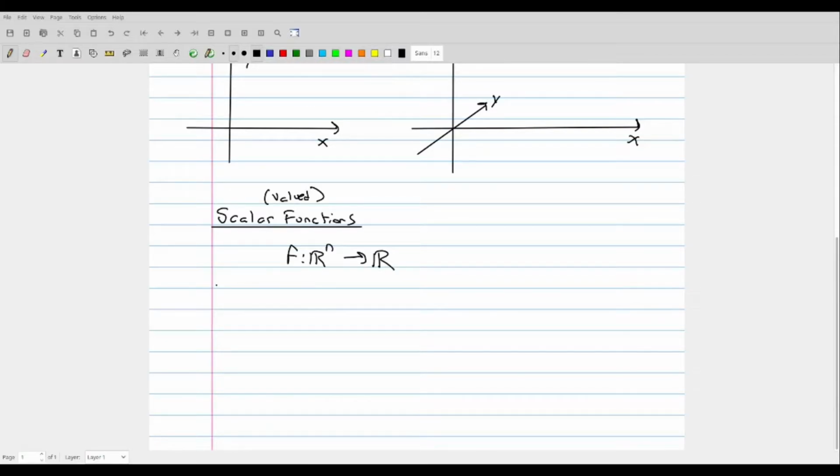Specifically, we'll consider when n equals 2, so two-dimensional functions.